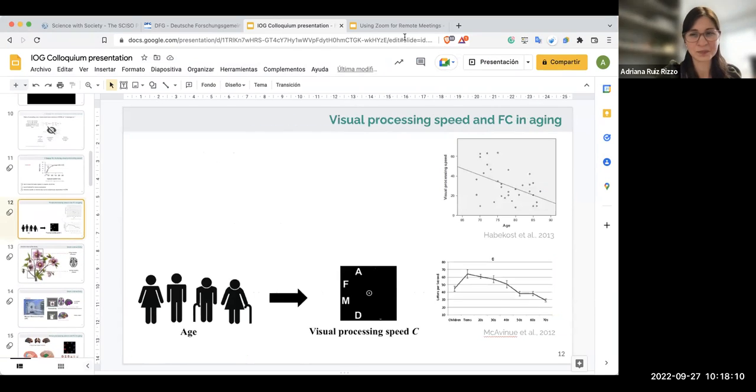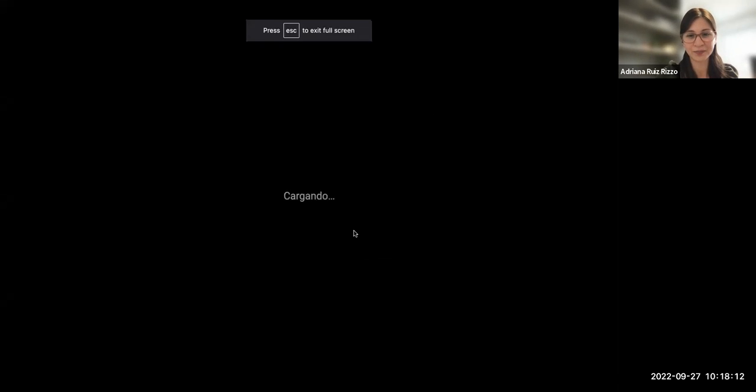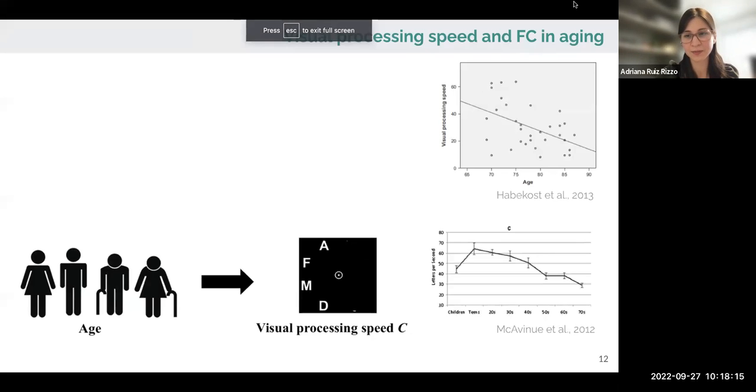I sort of thought about it in that way as well. So here you see first this improvement, but then the opposite pattern at the other extreme of the continuum. So again, for children, it could be easier to recognize these low complexity images, whereas for older adults, it could be the other way around.